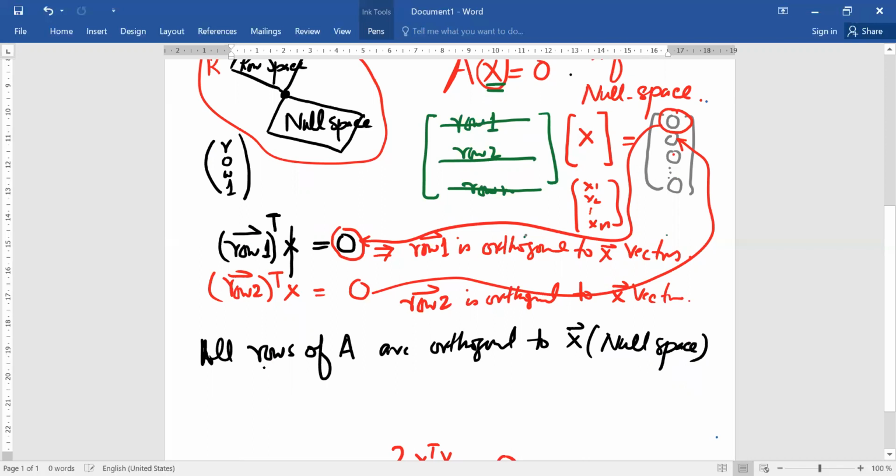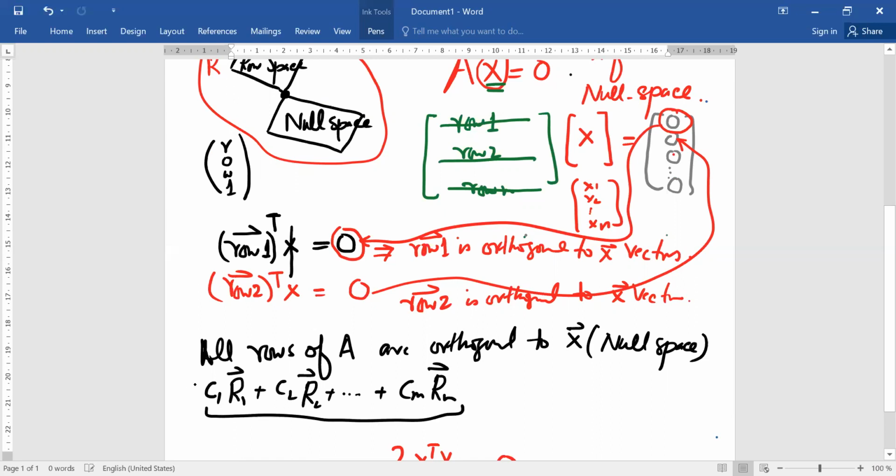Now I can make a linear combination of the rows of A: C1 times R1 vector plus C2 times R2 vector plus Cm times Rm vector. This is a linear combination, and that's exactly what makes the row space. Its transpose with X will give you a zero vector.